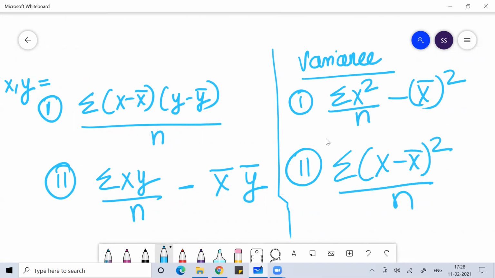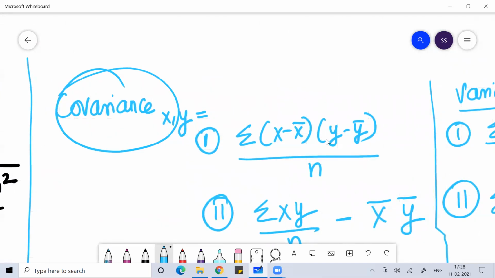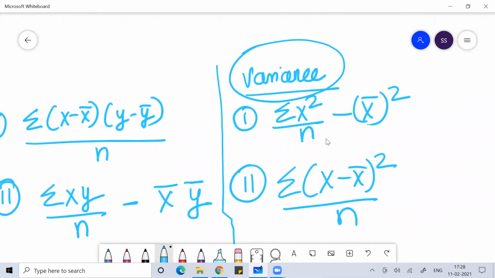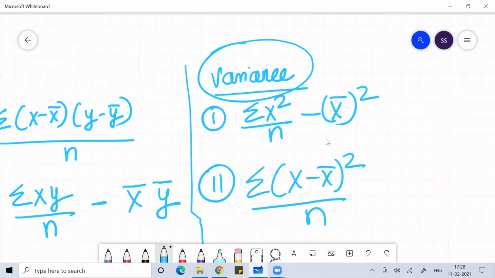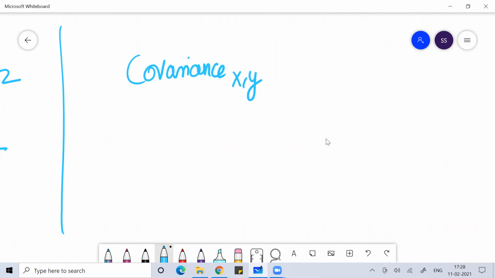So if we use these formulas together, you know this is the formula of covariance and this is the formula of variance. Now if you bring them together into the relation between two variables, covariance between x and y is equal to r of xy into standard deviation of x into standard deviation of y.